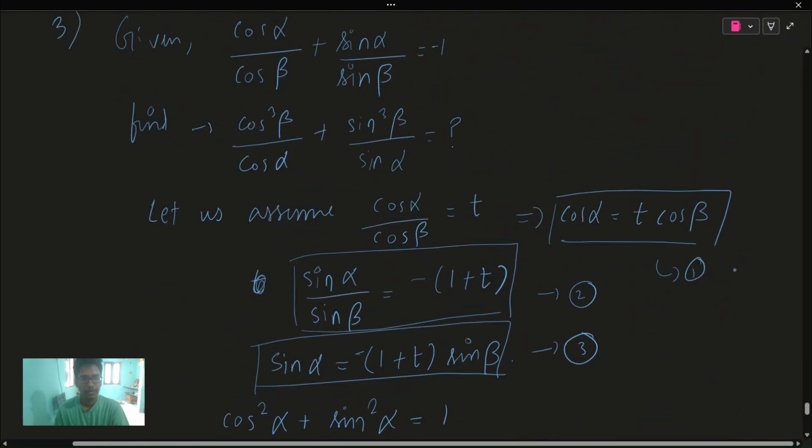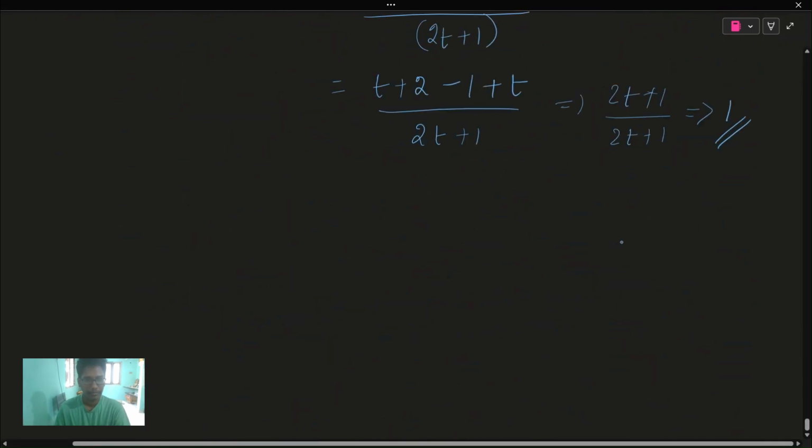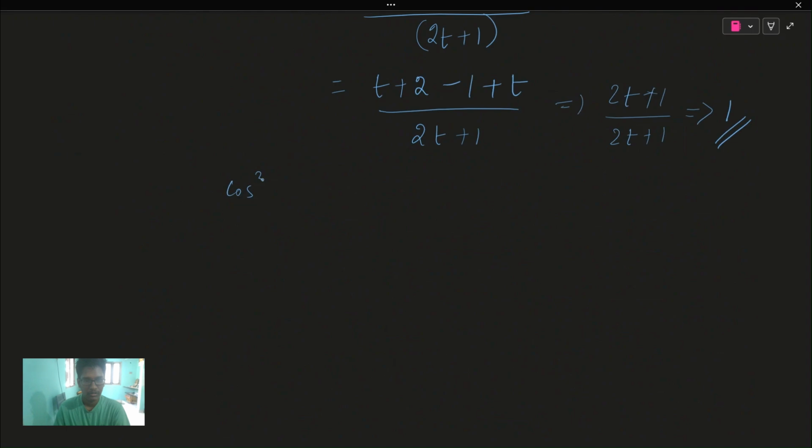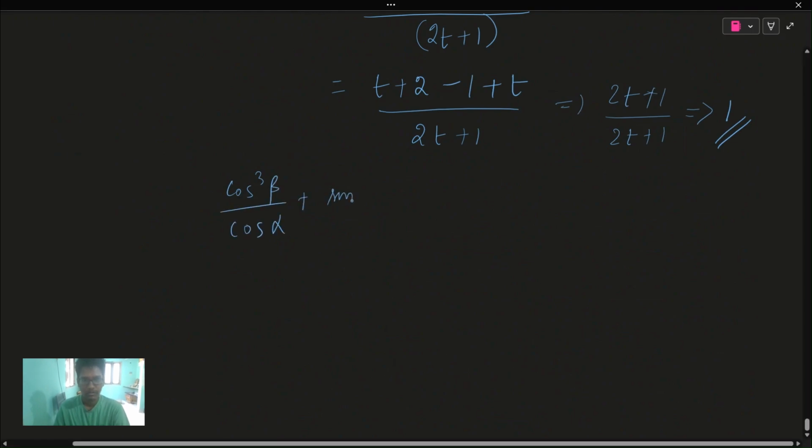So the answer for cos cube beta by cos alpha plus sine cube beta divided by sine alpha is 1.